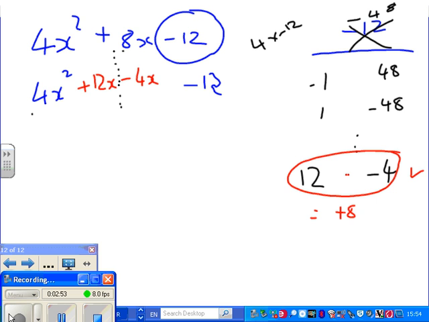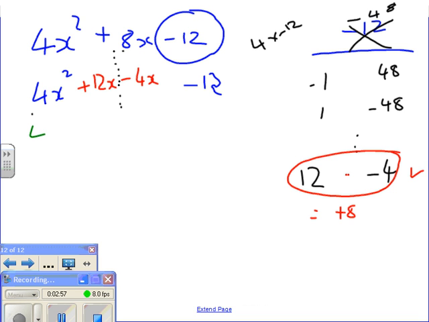So instead of the full thing, we're going to look at factorising 4x squared plus 12x, and we're also independently going to look at factorising negative 4x minus 12. And very quickly, you've got some quite simple things to factorise.